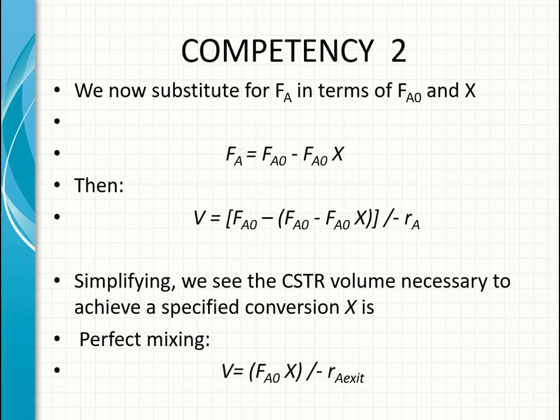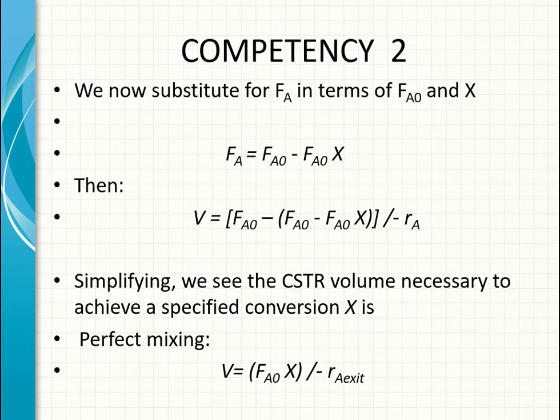We now substitute Fa in terms of Fa0 and x, and we remember that Fa is equal to Fa0 minus Fa0 times x. Then the volume will be Fa0 minus (Fa0 minus Fa0 times x), all divided by -ra.